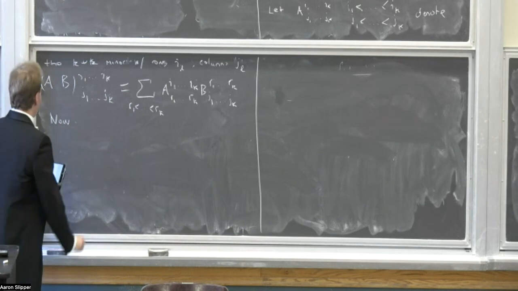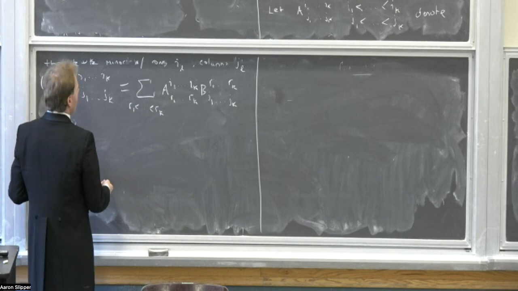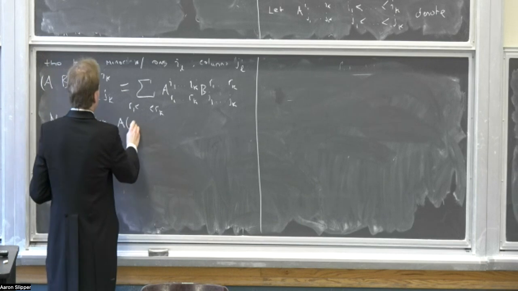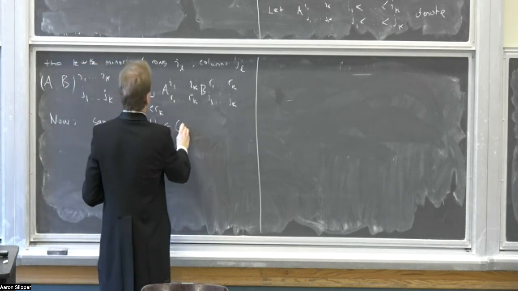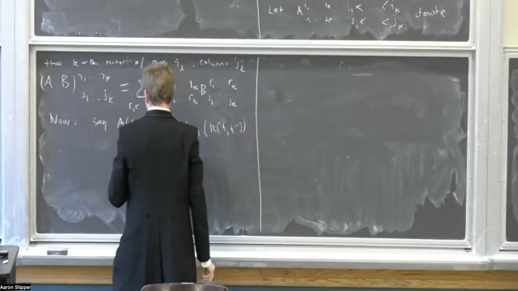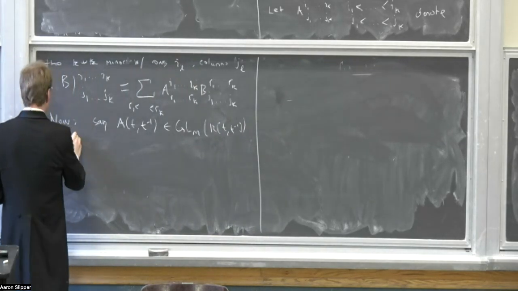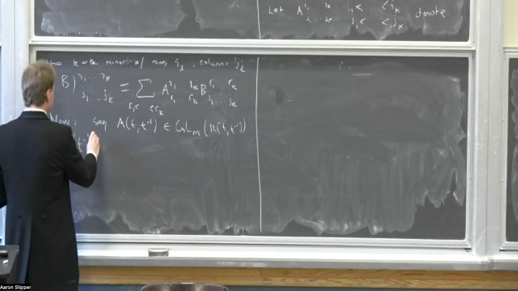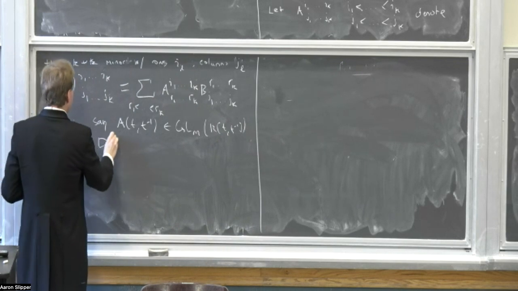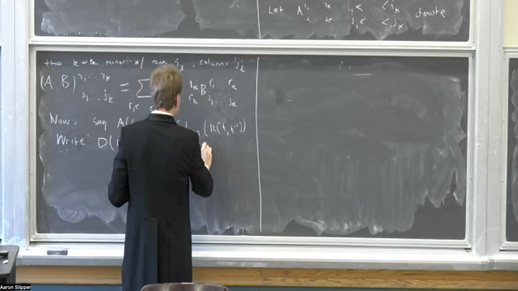So okay, all right, now say A T inverse is just an arbitrary guy in GL_m, pay T inverse. Then write D(R1, ..., Rm) for the diagonal matrix.